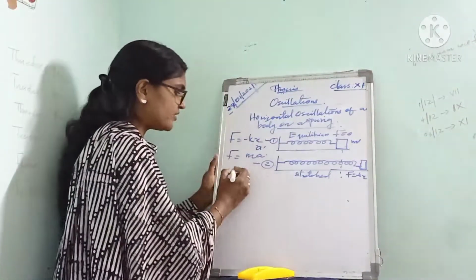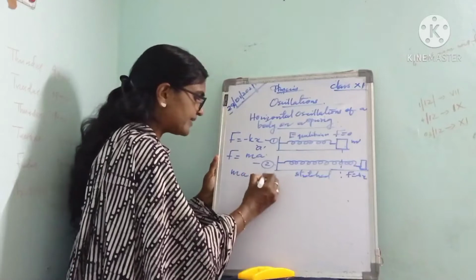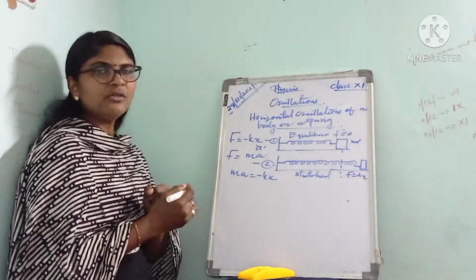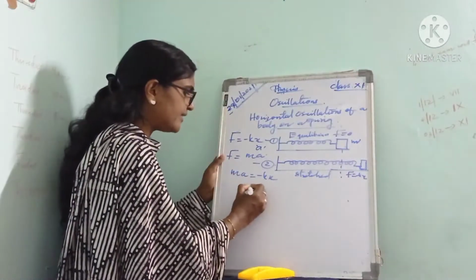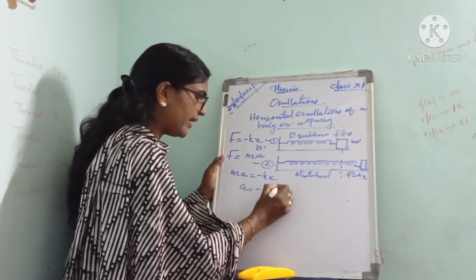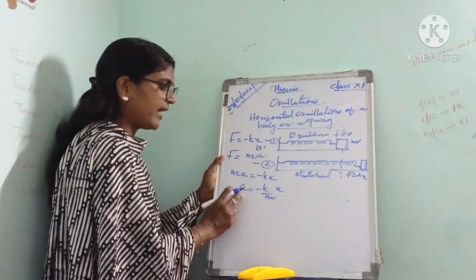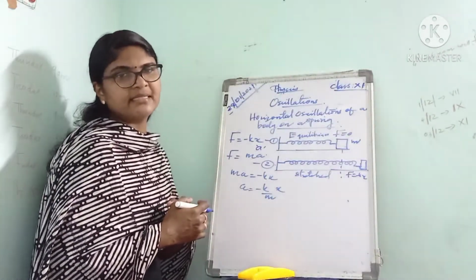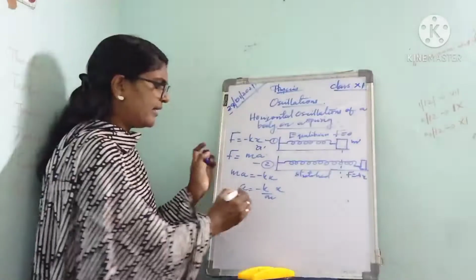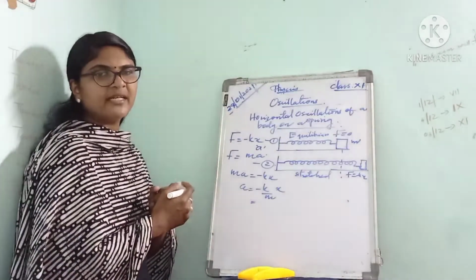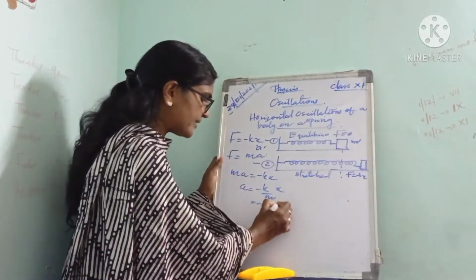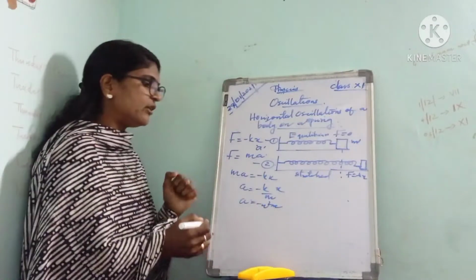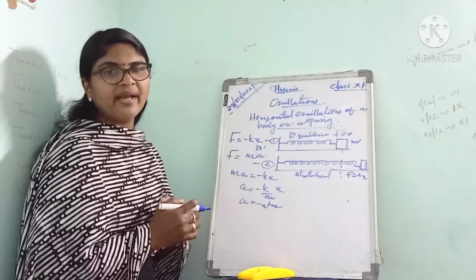Let this be equation 2 and the earlier one equation 1. Equating these two, ma equal to minus kx, and a is equal to minus k by m into x. Instead of k by m we can write omega square, so acceleration a is equal to minus omega square x.